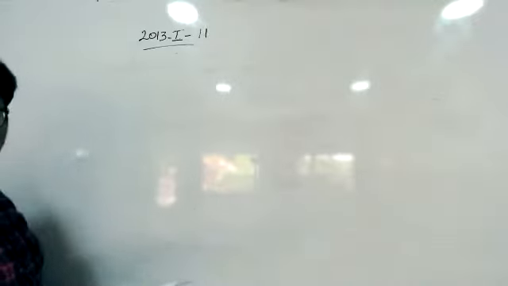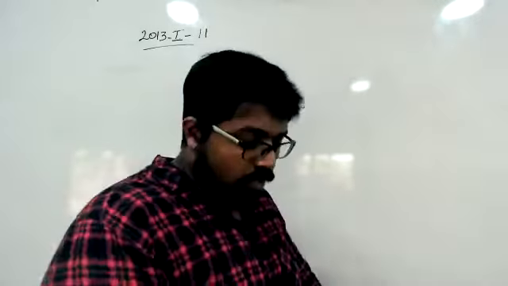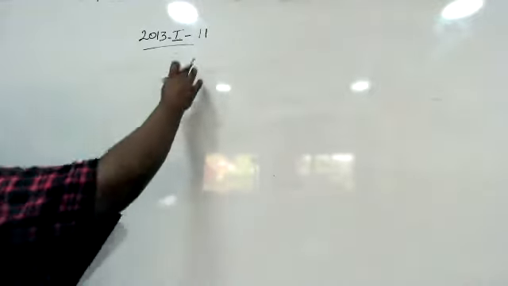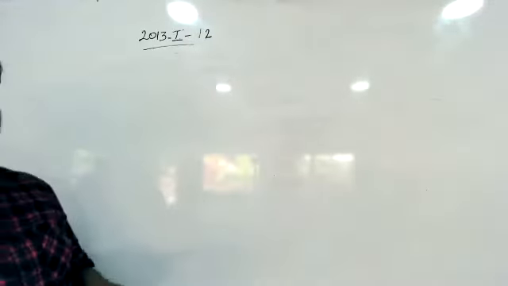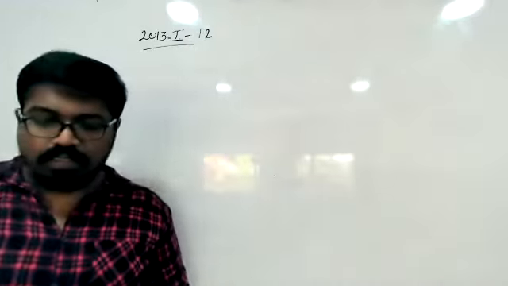Again, ASCII representation, right? So here you can see each and every year they are having the ASCII question, BCD question again and again. In the 2013 paper, we have the ASCII question again, question number 12. Right? So question number 12 came from ASCII.